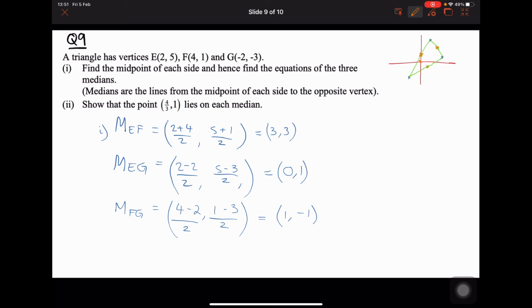Find the midpoint of each side. We've done that, hence find the equations of the three medians. So here it says a median is a line from the midpoint of each side to the opposite vertex.